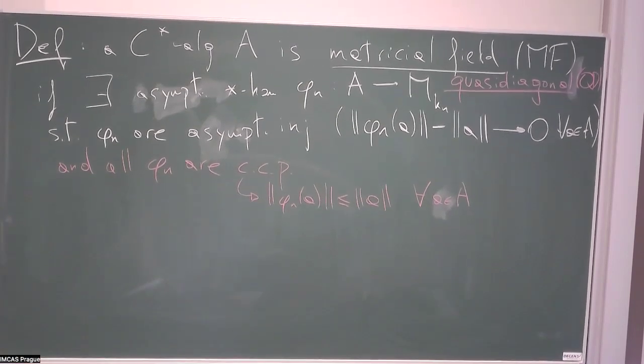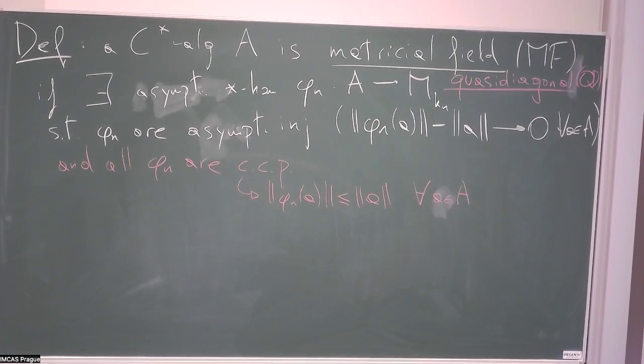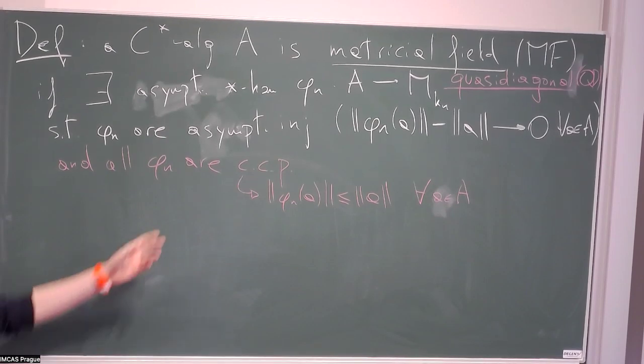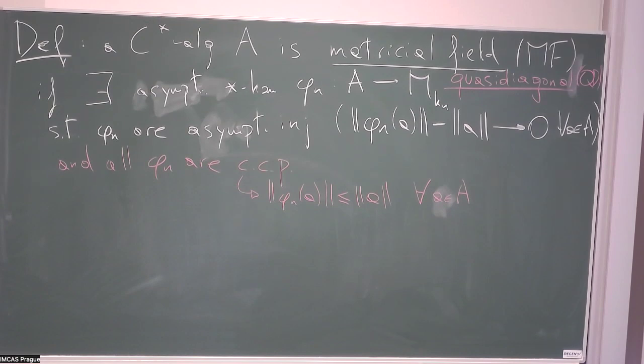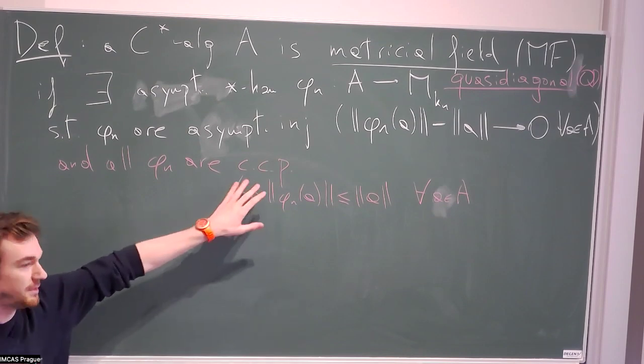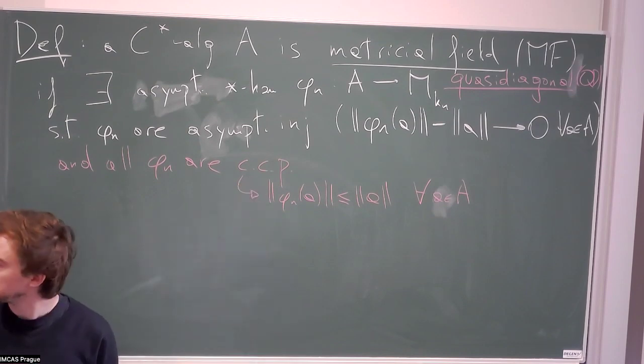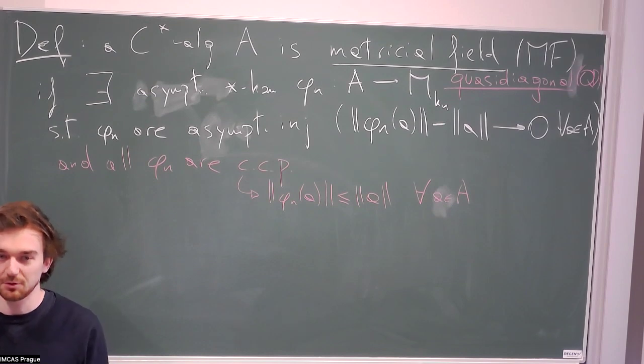Well, I think typically the maps being completely positive also implicitly requires that they're already linear.